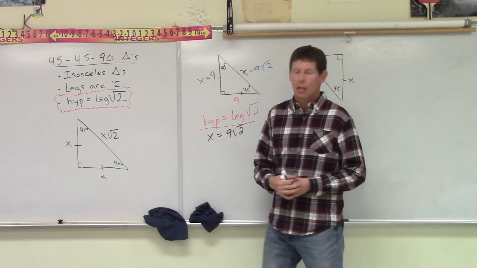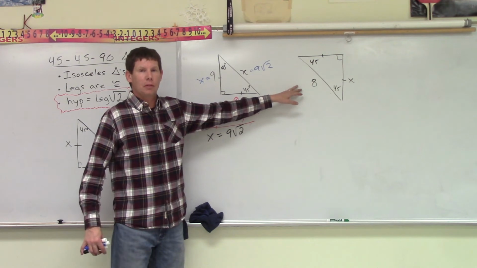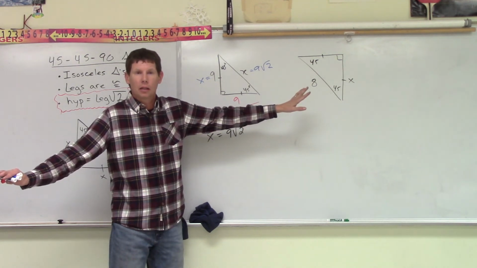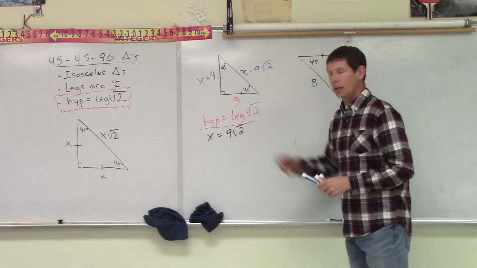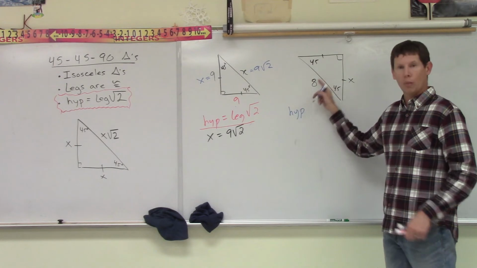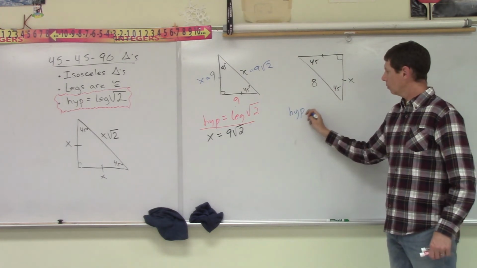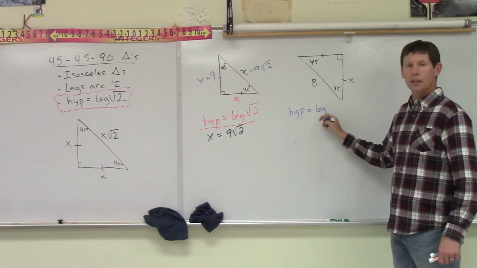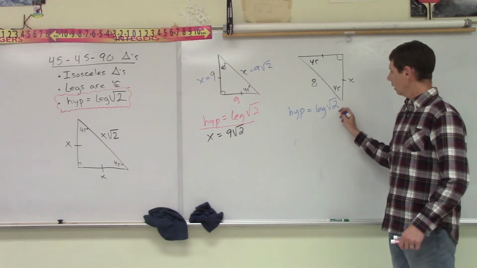Now, what happens if they give you the hypotenuse? Same thing. We have a rule that tells us our hypotenuse, doesn't matter what it is, if it's a 45, 45, 90 triangle, is equal to the length of one of the legs times the square root of 2. That's our equation.